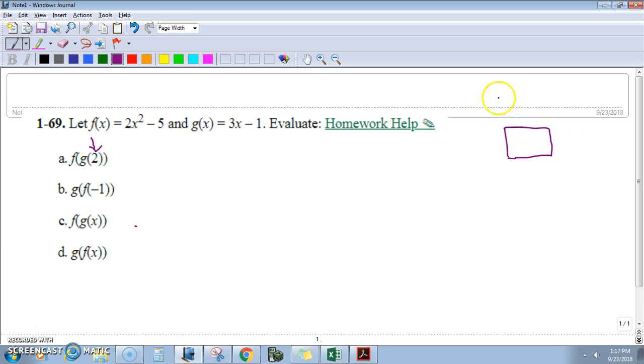We have one function machine. You go in, you come out, then another function machine, in, and then finally out.